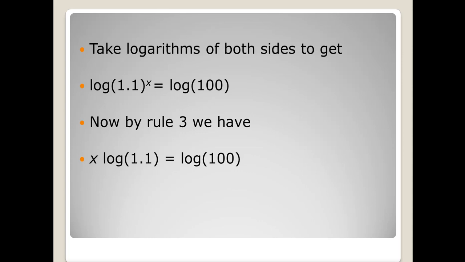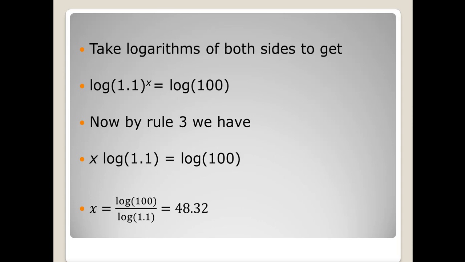So it becomes x multiplied by log 1.1. This is based on rule 3 of the rules of logarithms. And the right side here is log 100. So divide both sides of this equation by log 1.1. We will have x equals log 100 divided by log 1.1.